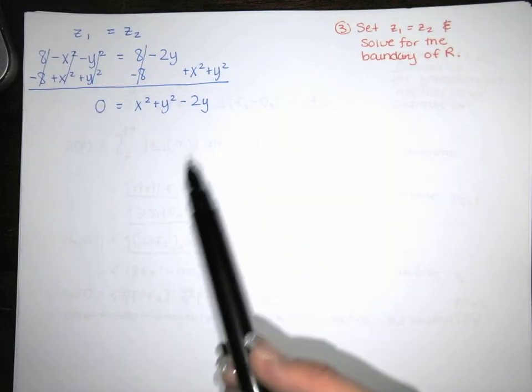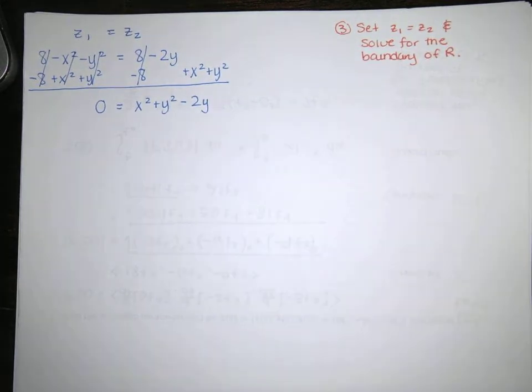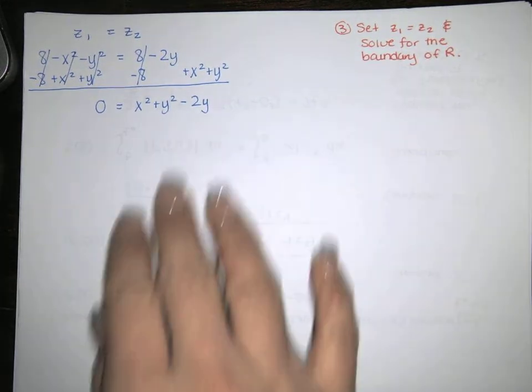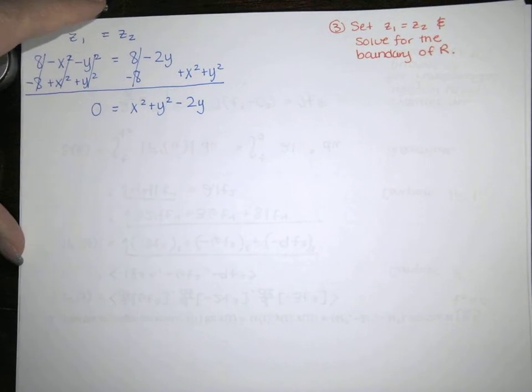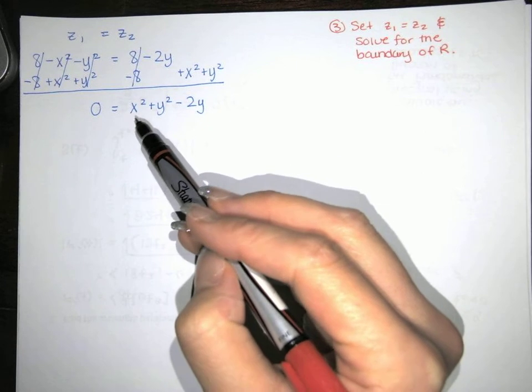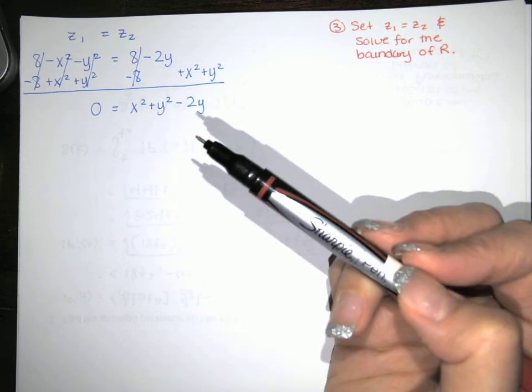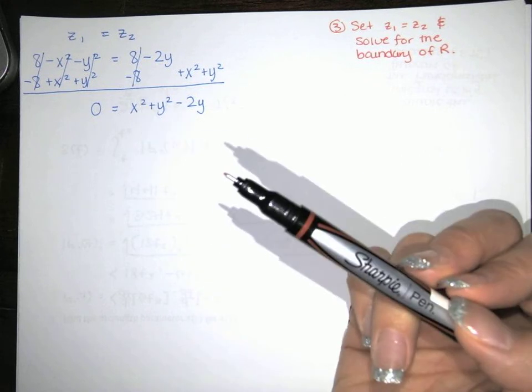This is a circle, but because we've got a y squared and a y term, it's not written in standard form. We need to complete the square to write this in standard form, and then it'll be easier to graph it. So remember how we do that. If you have multiple x terms, you would group those together. We don't have multiple x terms this time, so we'll leave the x squared alone.